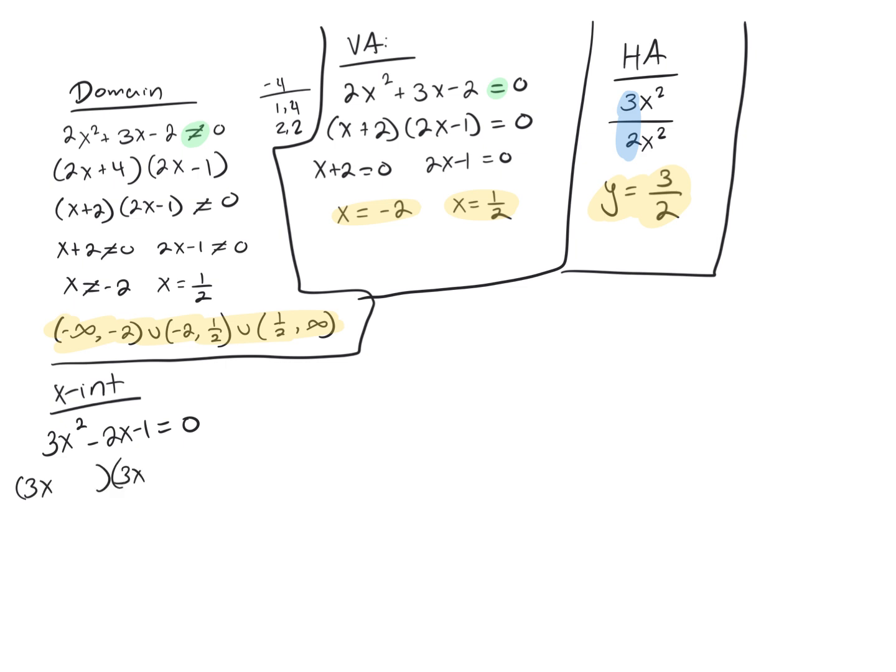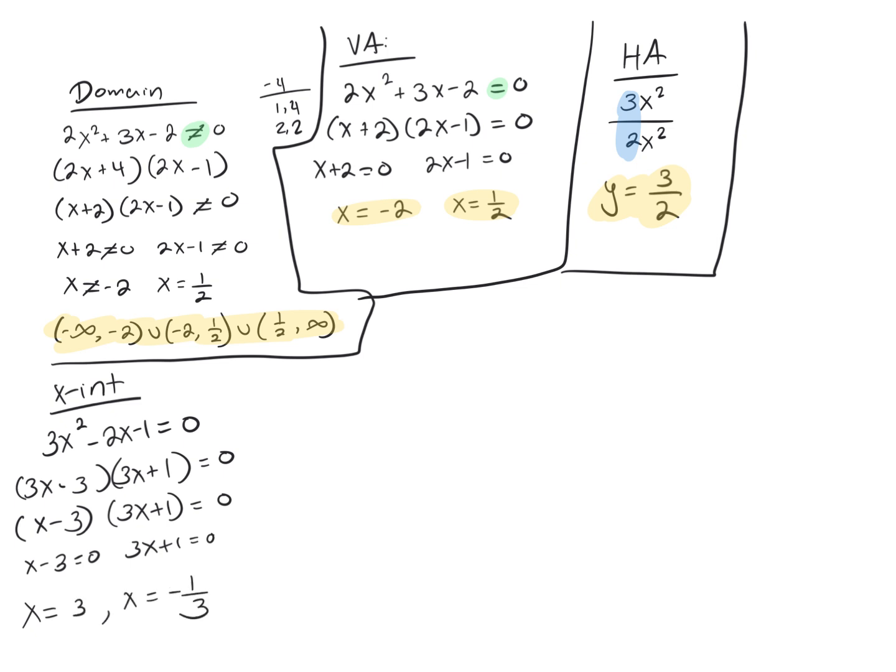We're looking for factors of negative 3 that add up to negative 2. It's going to be minus 3, plus 1. This is going to simplify to x minus 3, 3x plus 1. And I'm able to solve them by setting each parentheses equal to 0. Then I'm going to get x is equal to 3 and x is equal to negative 1 over 3.